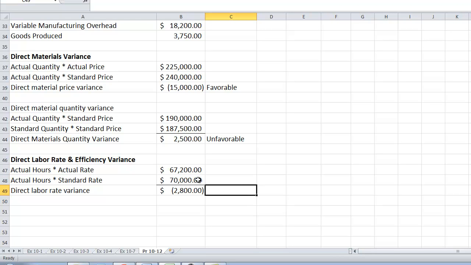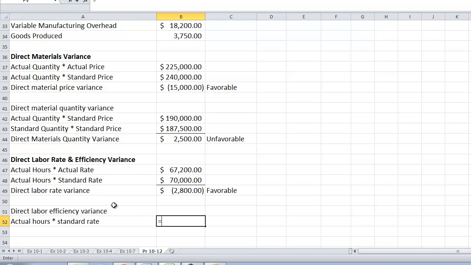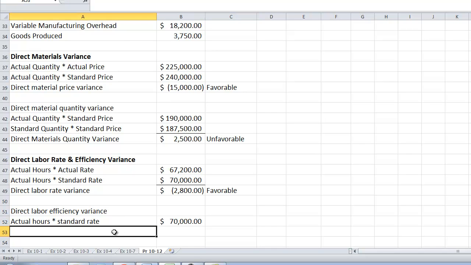So we had a favorable rate variance. Let's see what we have for efficiency variance. Now we're going to take actual hours times standard rate, and we already calculated this up here. And then we're going to take standard hours times standard rate.